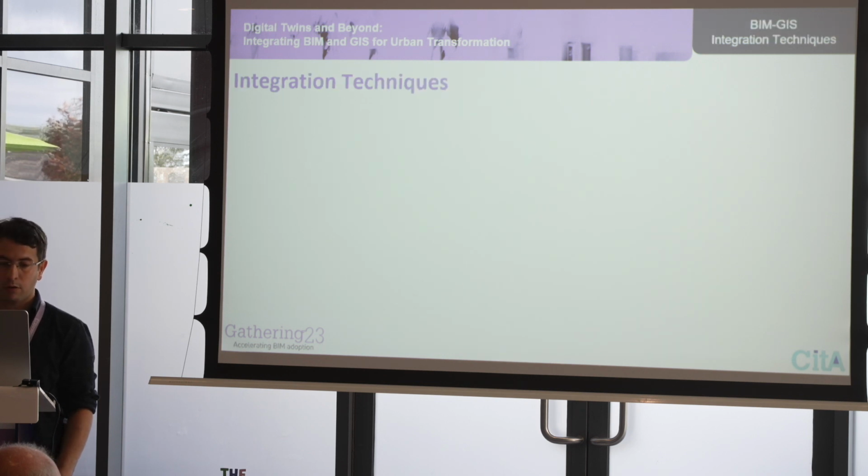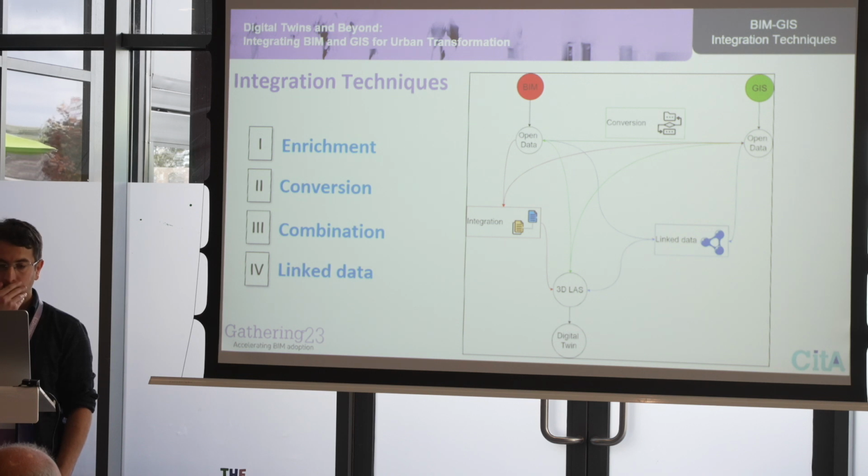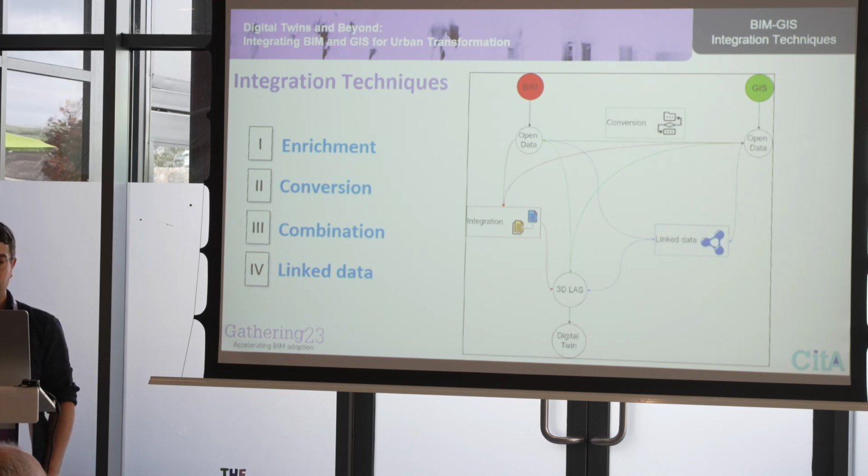So I found out that there are four main integration techniques that research is applying for integration. The first one is enrichment, in which we are enriching the data model from one domain with the information from another domain, or we can convert between those.